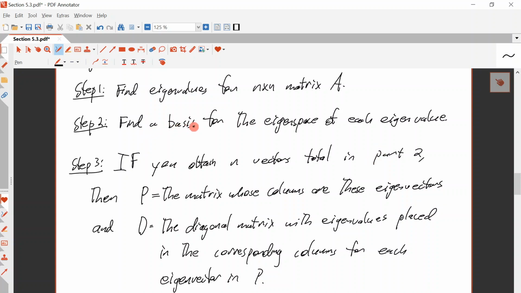So it's just within non-distinct eigenvalues: if you can get more than one linearly independent eigenvector, especially for eigenvalues with multiplicity greater than 1, then you'll obtain linearly independent vectors in total.